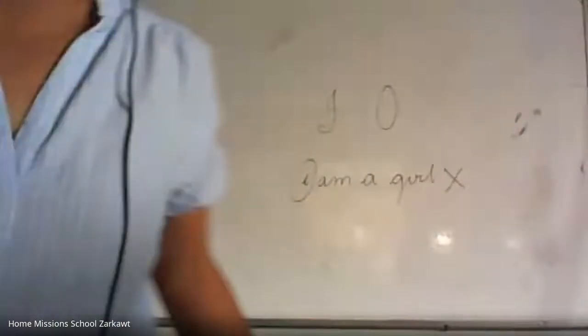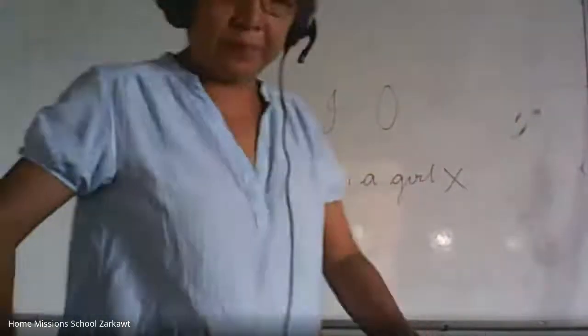Settle has no meaning in English. So we are going to arrange the letters and make a meaningful word. So all of you write S-L-A-T-E, slate.